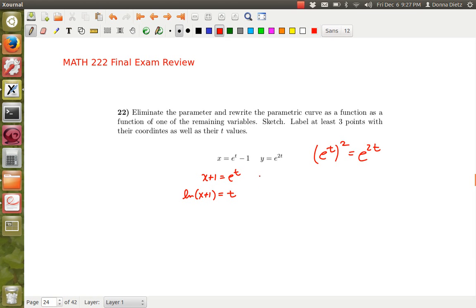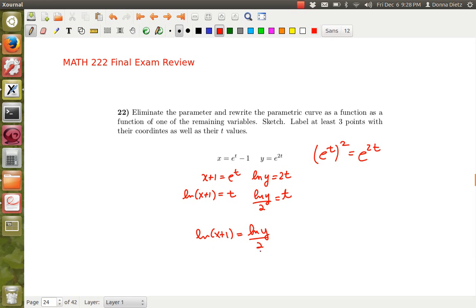On the other side, you'd get natural log of y is 2t, and then natural log of e. So natural log of y over 2 would be t, and then you'd end up with natural log of x plus 1 is natural log of y over 2. This is not the wise way to do this.